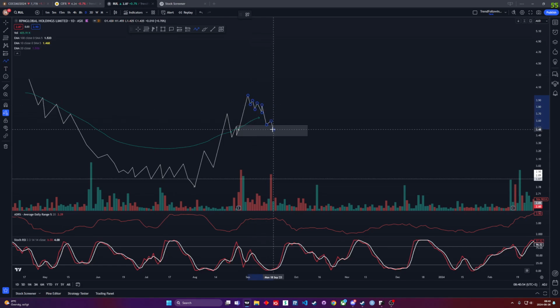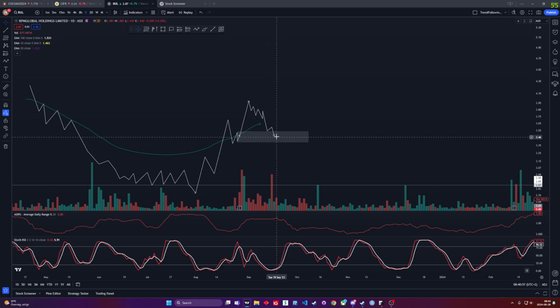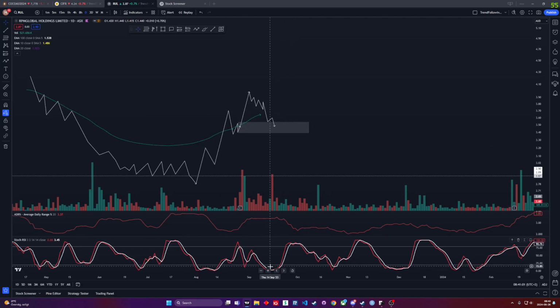It comes back, and then in this zone, we wait for a stochastic RSI crossover. You want it to be below the oversold 20, and then wait for the red line to cross the white line. Very important.